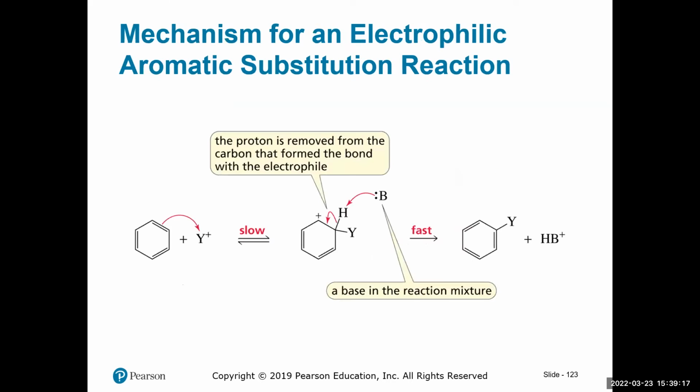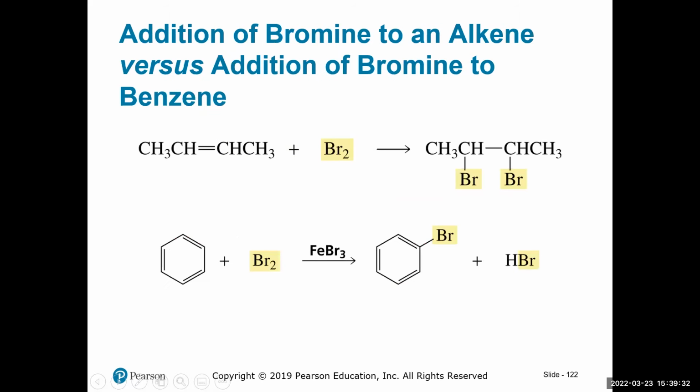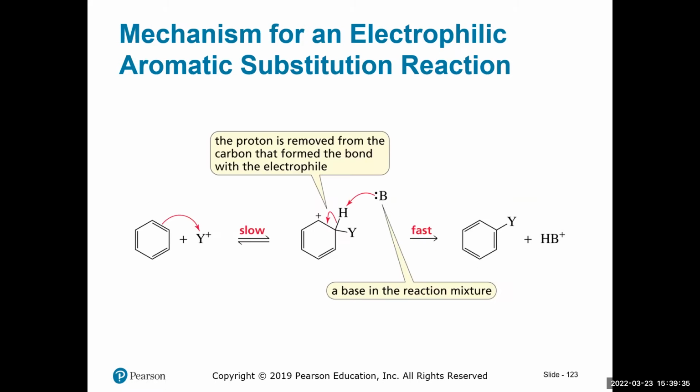Okay. So the first step is going to be the slow step. The second step is going to be the fast step. So the double bond contributes its electrons to the nucleophile, I'm sorry, the electrophile.